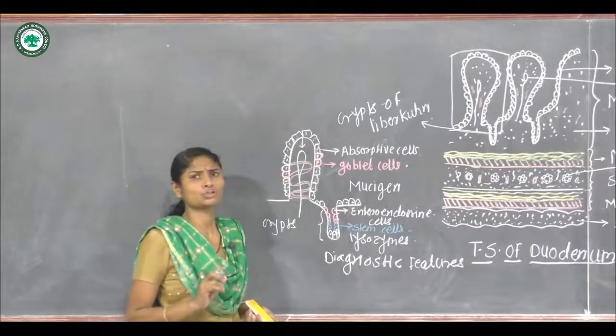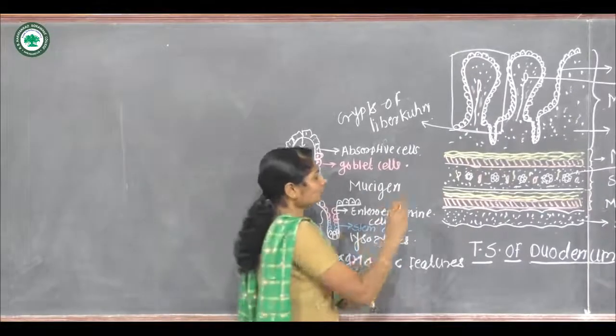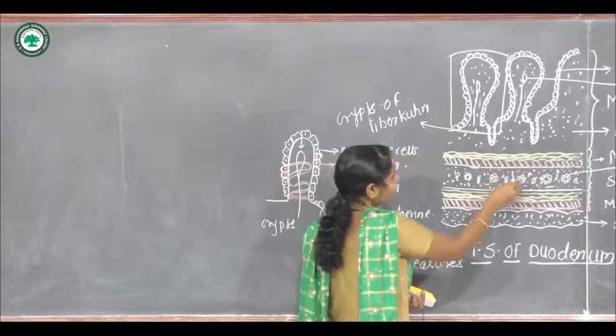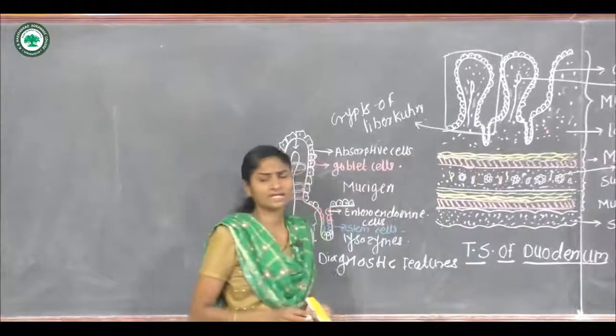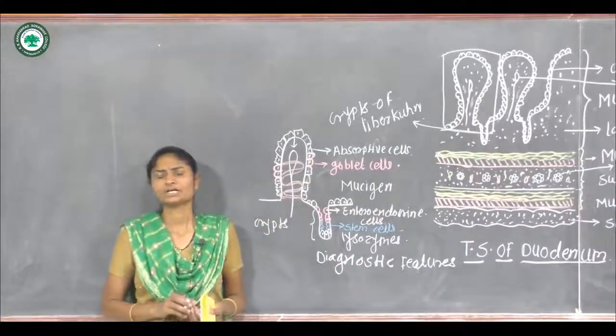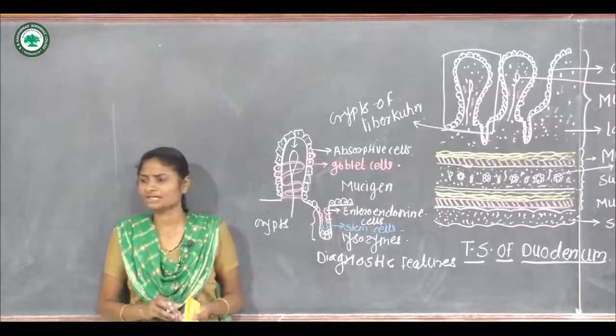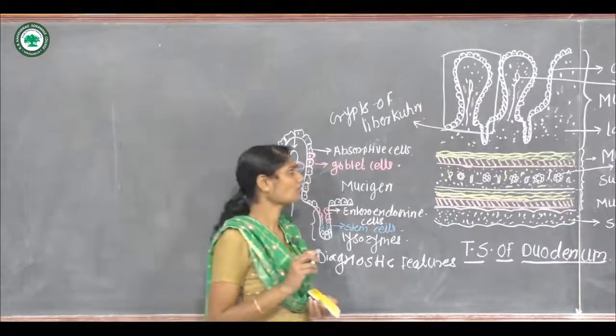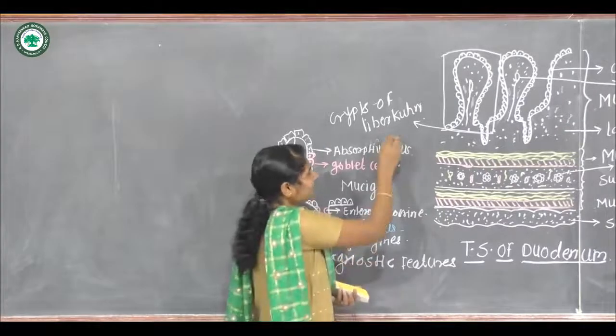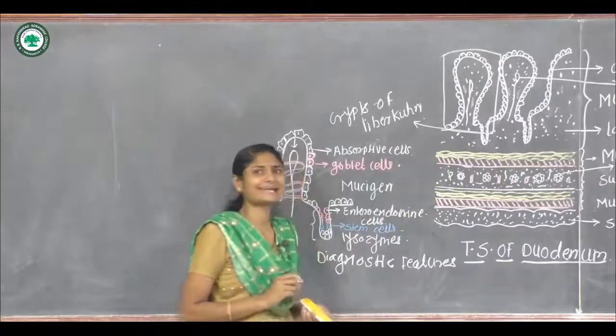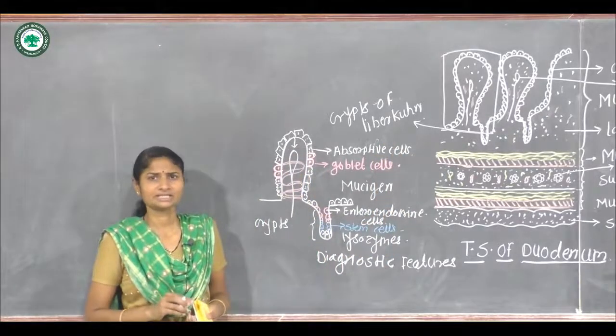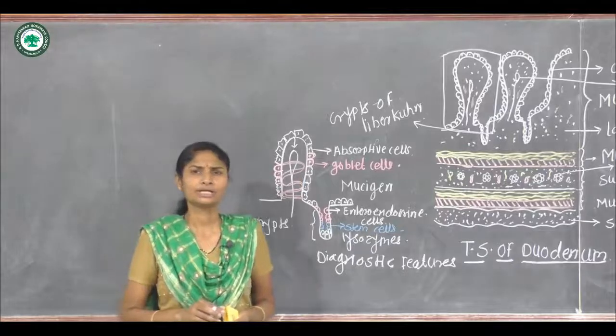In the submucosa layer, numerous Brunner's glands are present, and the third diagnostic feature is crypts of Lieberkuhn, that is intestinal glands, present in the duodenum.